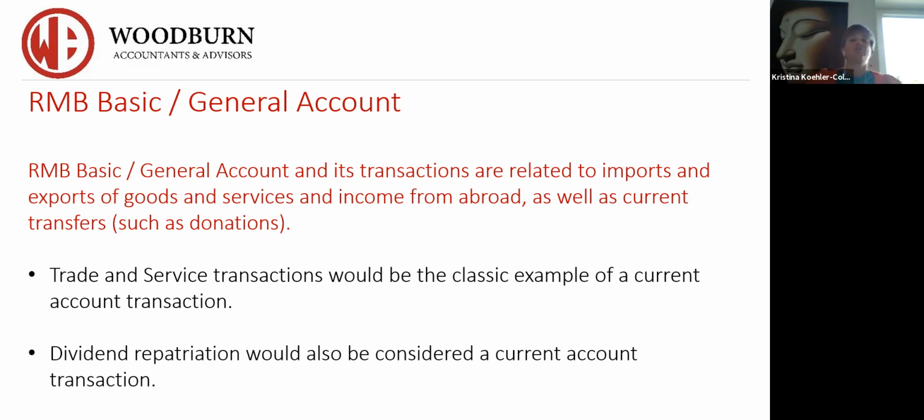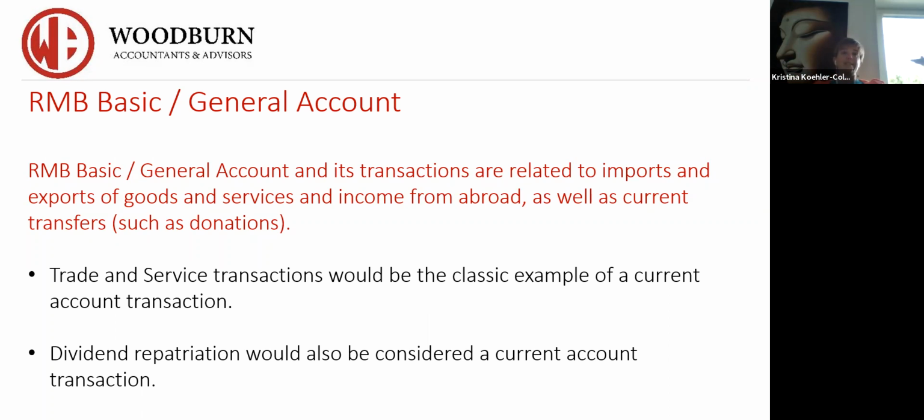As I said earlier, the renminbi basic account is a renminbi account, okay? So most startups in China will just have the renminbi account. When you have the 1 million USD sitting in your capital account, it will eventually be brought into the renminbi basic account and converted into renminbi, okay?